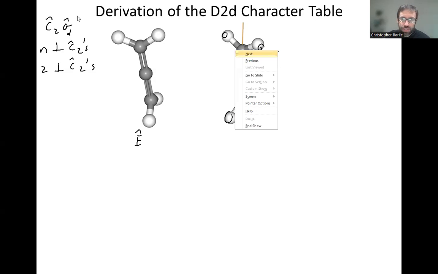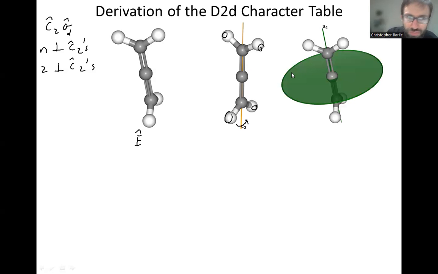And then next, we have this S4, which S, remember, stands for improper rotation axis. And so this is actually technically our principal rotation axis.